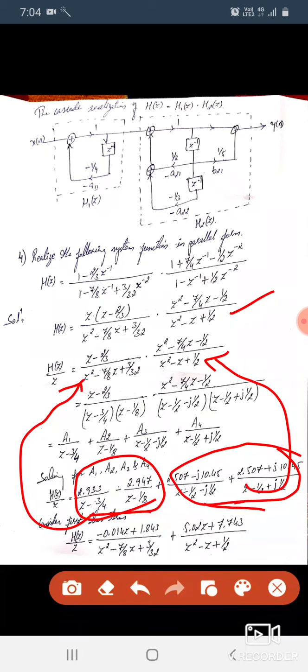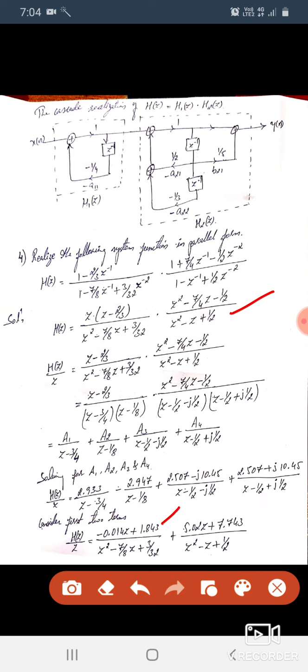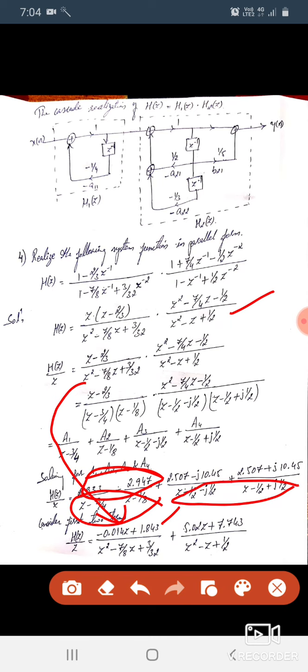If I take the LCM of the first one and do the calculation, you will be getting minus 0.014z plus 1.843. The denominator is the same. Here also if I take the LCM and solve the numerator, I will be getting 5.02z plus 7.743 divided by z square minus z plus 1 by 2.